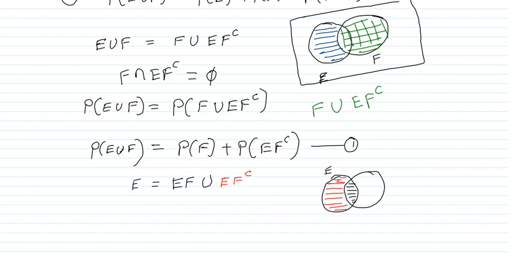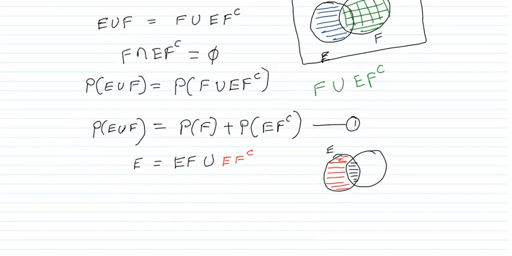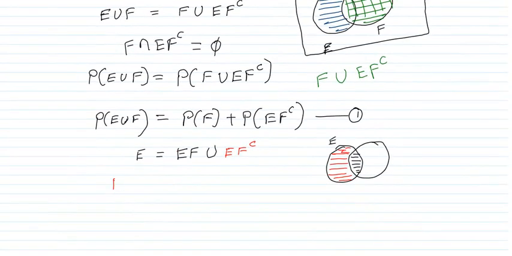Therefore, I can say the probability of this event E can be expressed as the probability of E intersection F union with E intersection F complement. Since those two are disjoint, this is P of E intersection F plus P of E intersection with F complement.